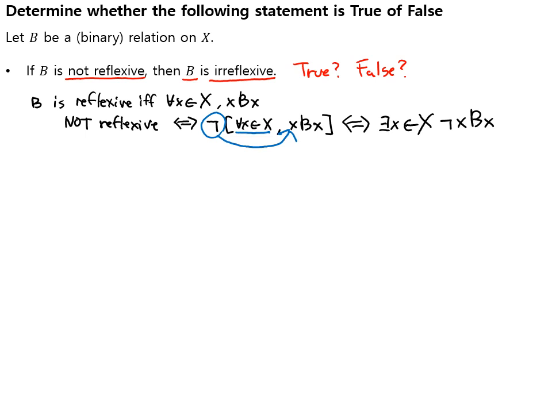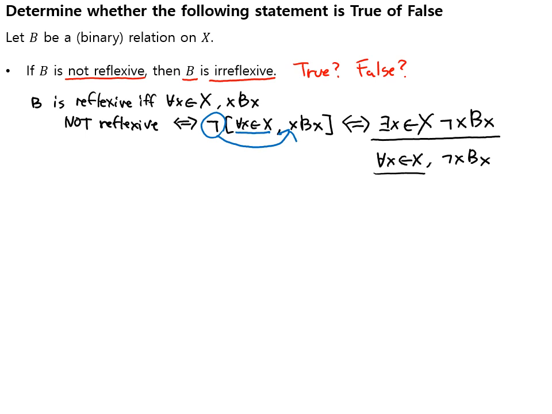And you can see that this is different from saying that for all elements in X, x is not related to itself, right?